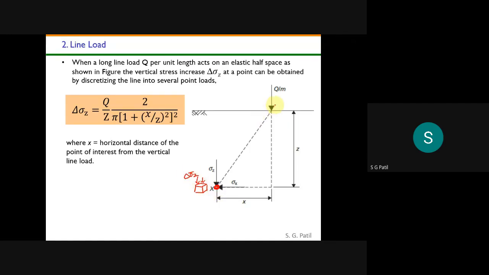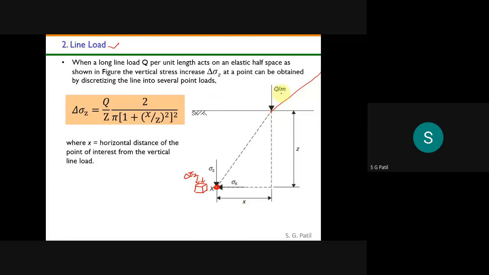So in the previous slide, we have seen that due to point load. Now we are seeing due to a line load. So whatever this point load is, if you integrate along the length of the loading width, then you will get a line load.